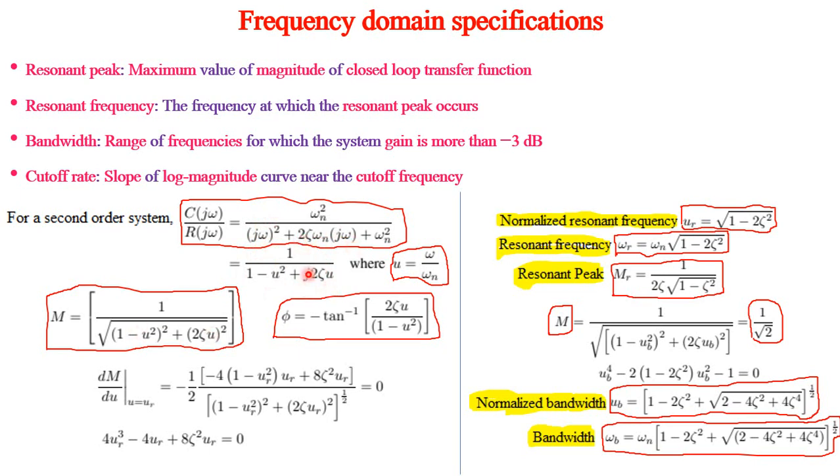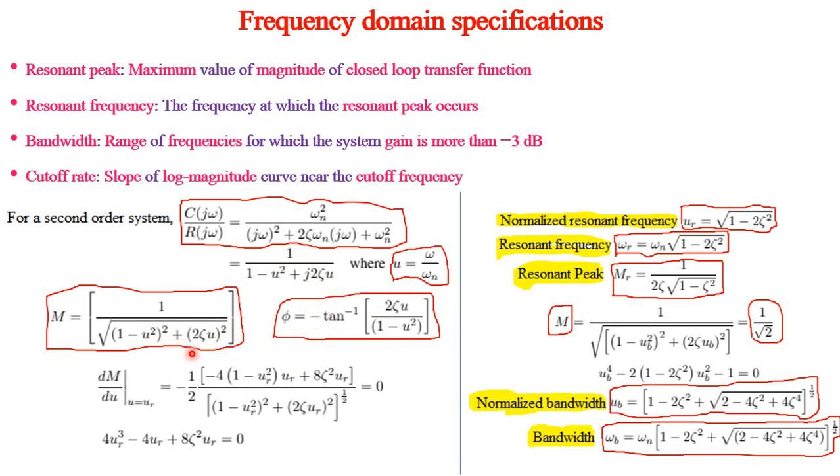So if you find the magnitude, it is a complex number. So magnitude is 1 by root of (1 minus u square) whole square plus (2 zeta u) whole square. The phase difference we know, we have to do tan inverse of imaginary by real part. In the numerator there is no complex part, so 0, minus the denominator's tan inverse of 2 zeta u by 1 minus u square.